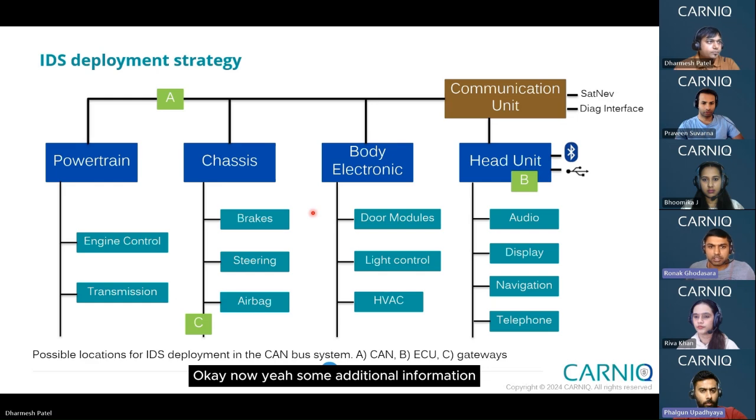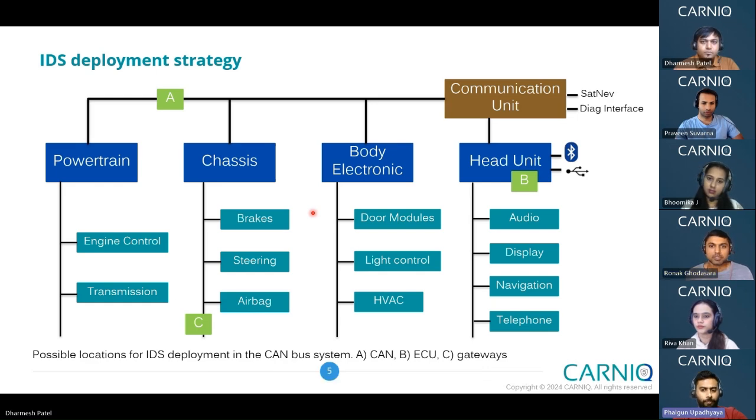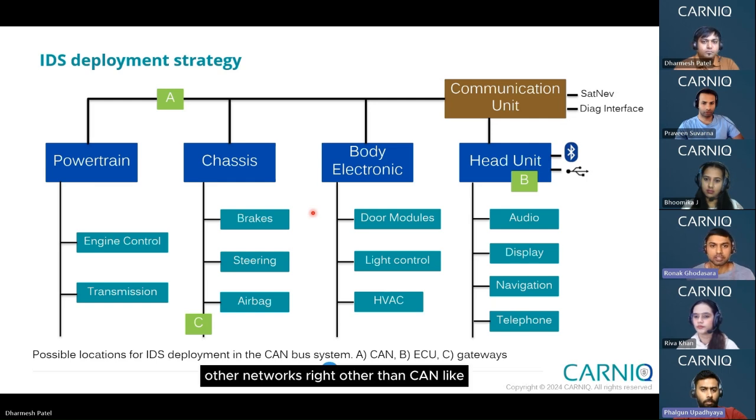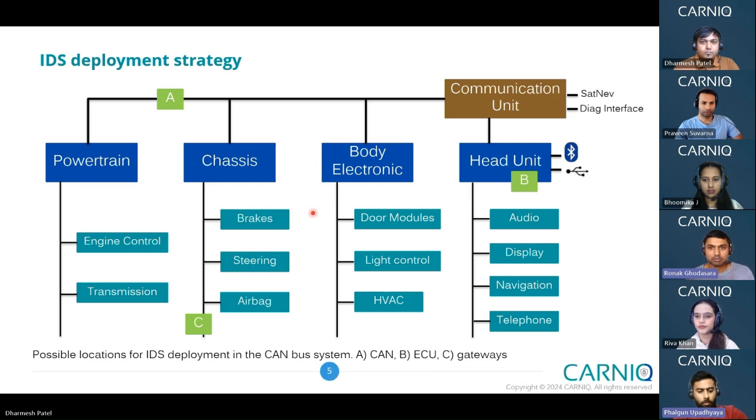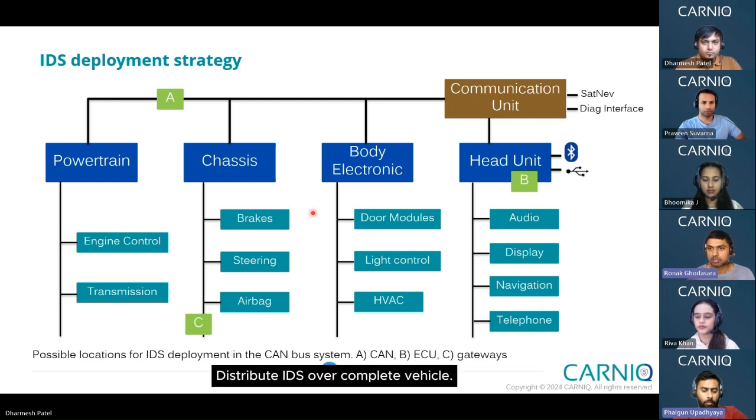Okay. Some additional information from my side. In a real vehicle, we have other networks other than CAN, like Ethernet networks, CAN networks, FlexRay, and so on. My understanding is that we have to protect the complete vehicle against intrusion, so we can distribute IDS over the complete vehicle.